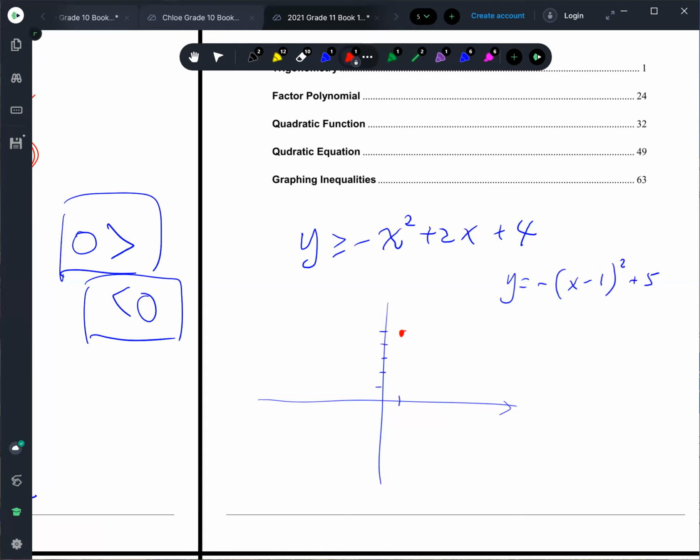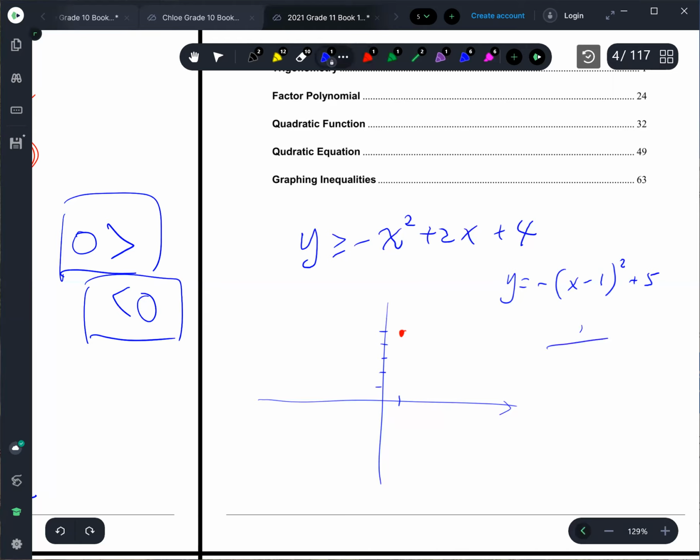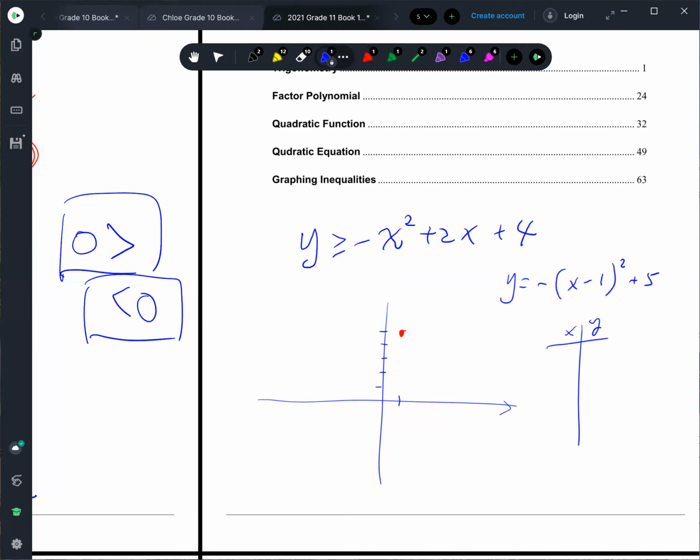So you know how to get more points, right? I kind of forgot how to graph. So you need the table. But our teacher said we can't use tables. I just don't know how to graph without a table.